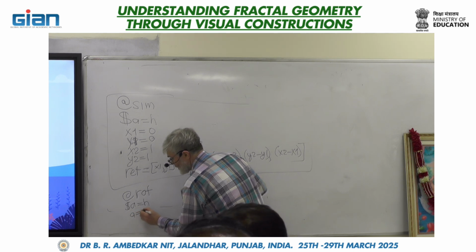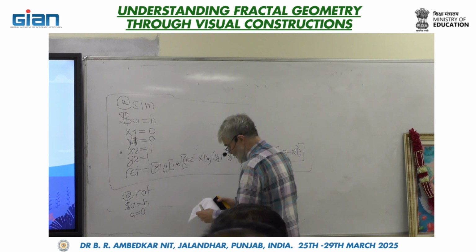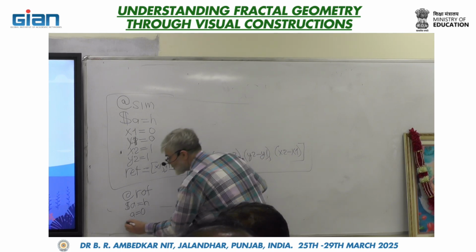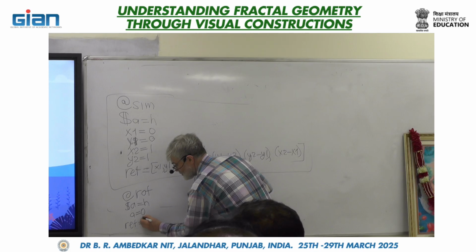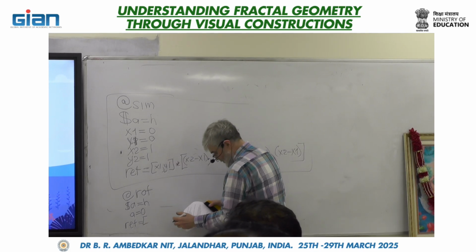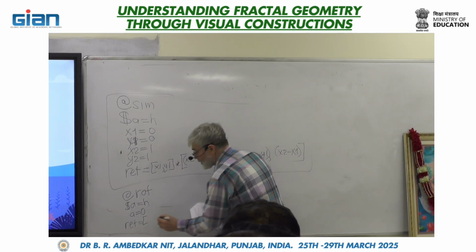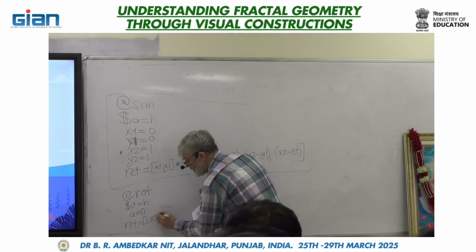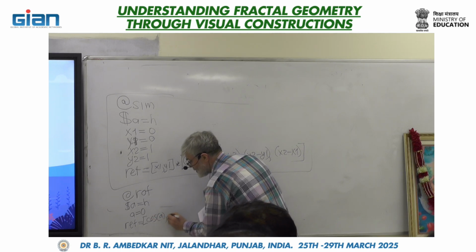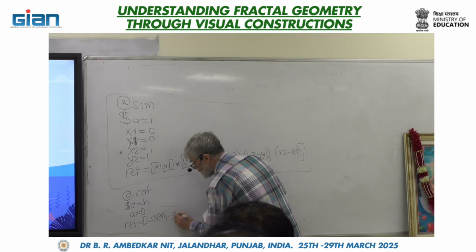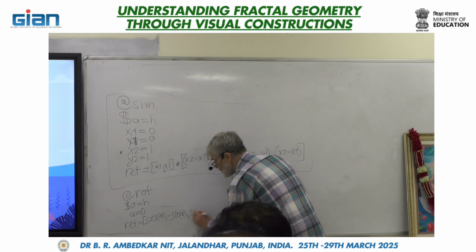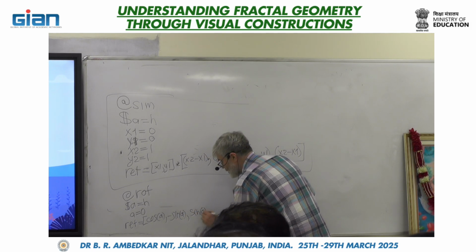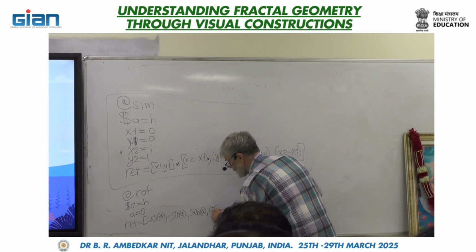It has a variable a, which is initially 0, and it returns a value of cosine of a, minus sine of a, sine of a, and cosine of a.